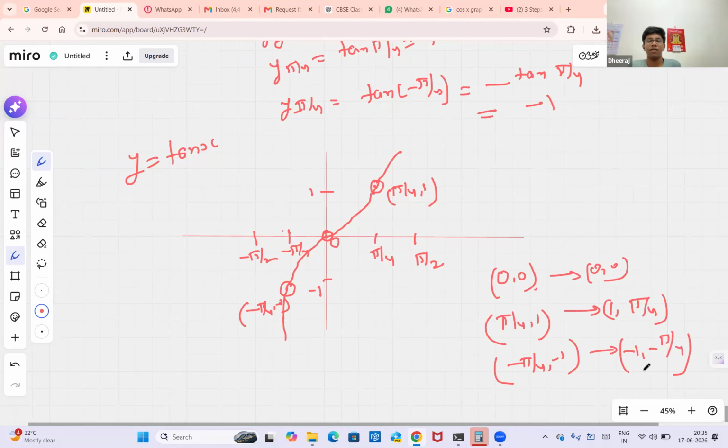Okay. So if I want to draw now the inverse of these, what I have to do? I need these points 0, 0, 1 and all.